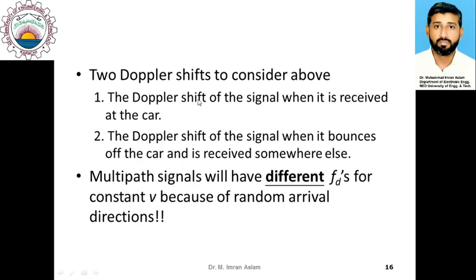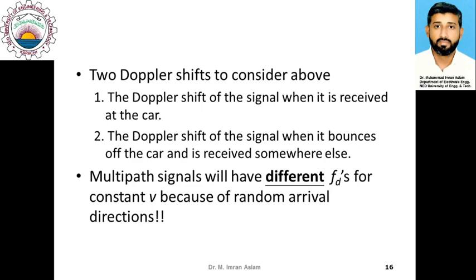Whenever the mobile equipment which is in the car is generating the signal, you would have some Doppler shift, and even in the case when the signal bounces from a car which is in movement or is received at some other place, that type of signal also has some Doppler shifts. Doppler shift occurs in both ways.